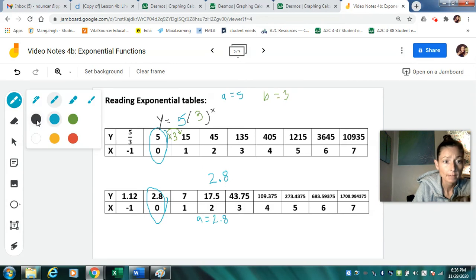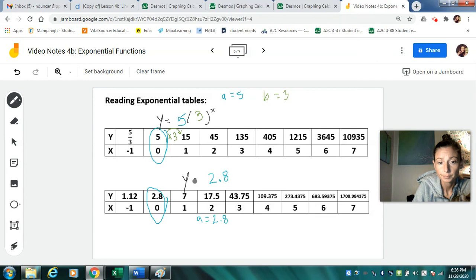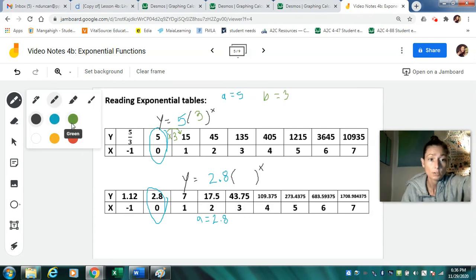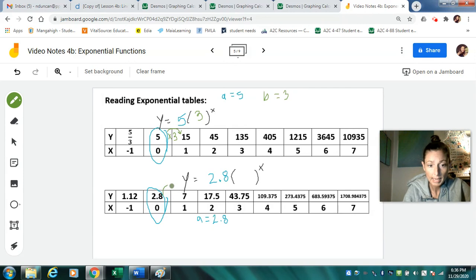And then what we need to find is the multiplier. So what I know is that 2.8 gets multiplied by something to make 7. So 2.8 gets multiplied by the b value to get you to 7.